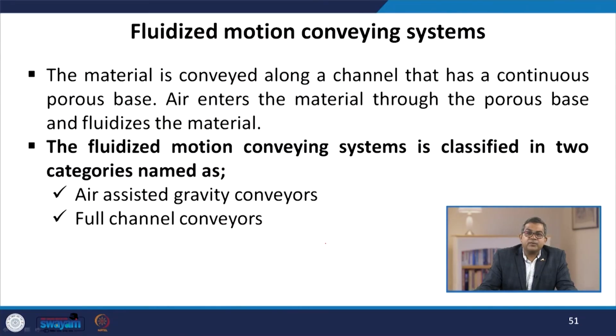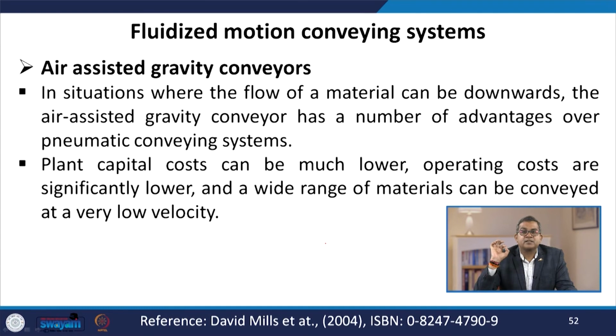The material is usually conveyed along a channel that has a continuous porous base. Air enters the material through the porous base and fluidizes the material. The fluidized motion conveying system is classified in two broad categories. One is air assisted gravity conveyors and the second is full channel conveyors.